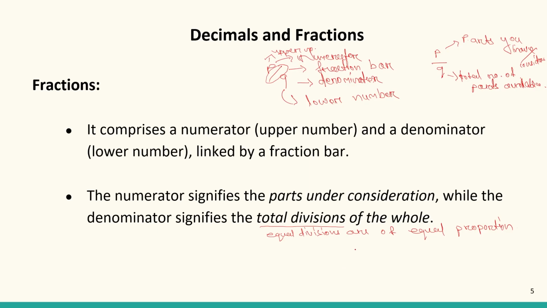What do you mean by that? For that pizza example, let's say I have a pizza and I have divided it into 4 equal parts. This part, this part, this part, this part. These are all equal, 1, 2, 3, 4. All these parts are actually equal.